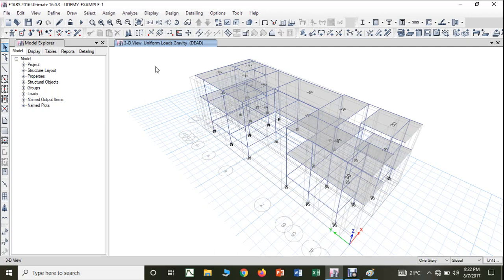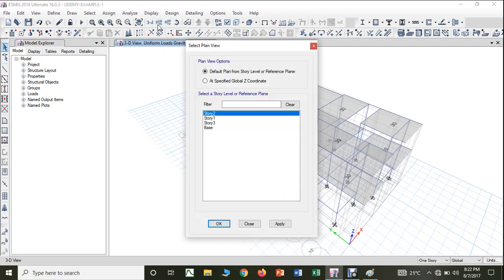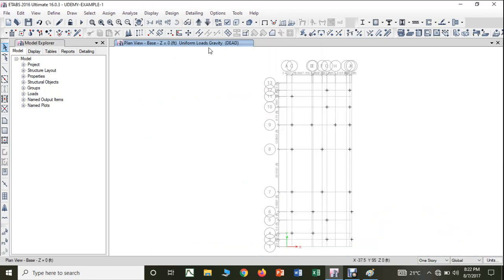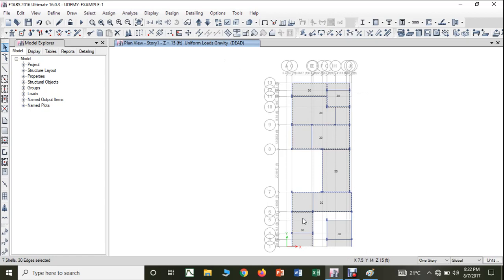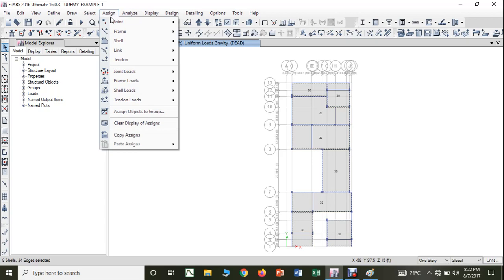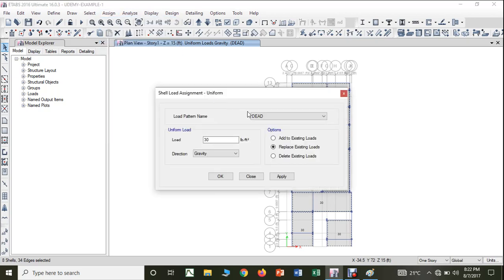Now I have to apply the live load. For that I will go to the first story, here, and again select the slabs. Once the slabs are selected, I will go to assign, shell loads, uniform, but this time from dead I will go to live.